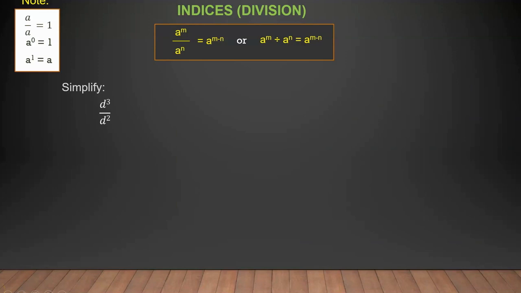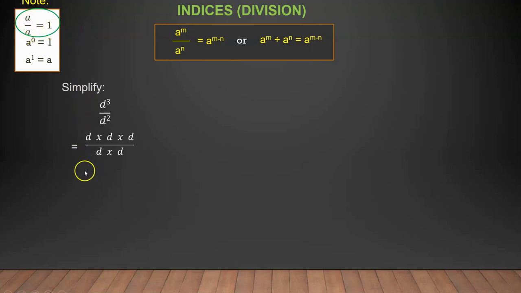If you have d cubed divided by d squared, d cubed means you will see d 3 times multiplied together, and d squared is d multiplied by itself. As a rule, if the numerator and denominator are the same, that's equal to 1. It's like saying how many a's go into a? 1.